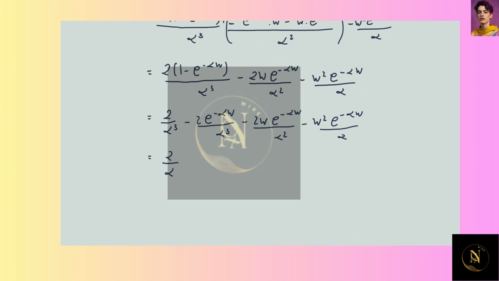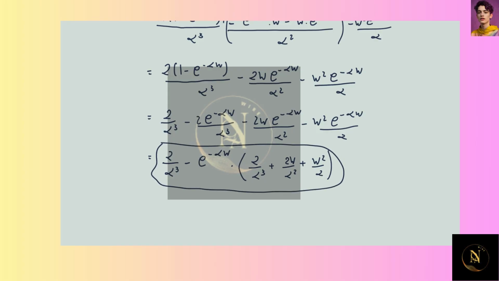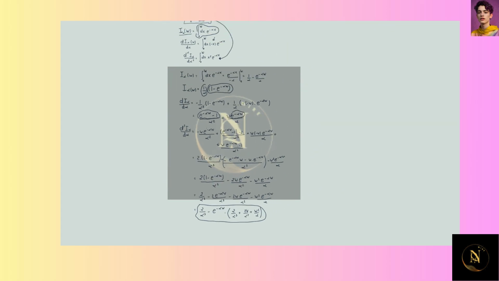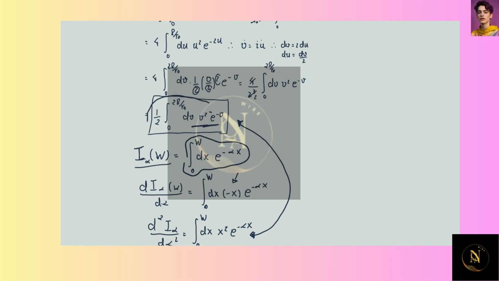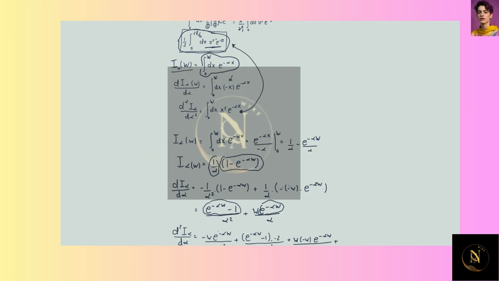This is 2 divided by alpha cubed minus e to the minus alpha w times (2 over alpha cubed plus 2w over alpha squared plus w squared over alpha). And now we have this result. We can use it on our previous integral, which was this one, to finally write our result.